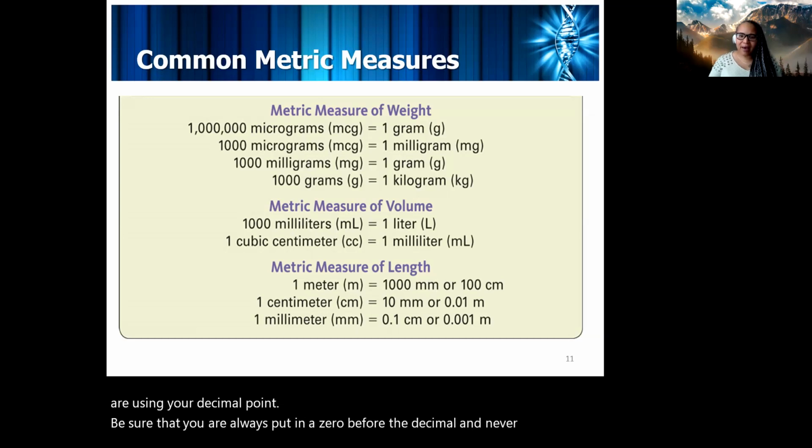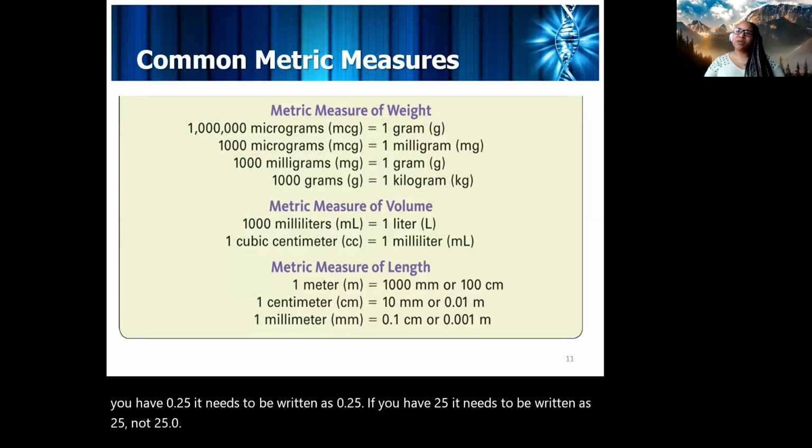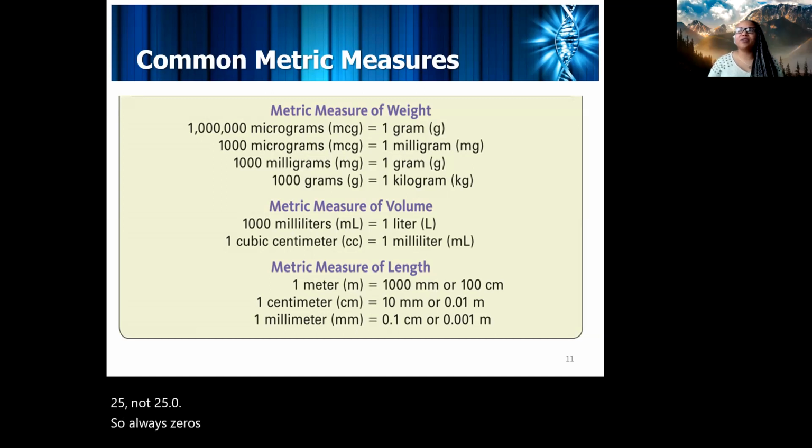So if you have 0.25, it needs to be written as 0.25. If you have 25, it needs to be written as 25, not 25.0. So always zeros before the decimal, never zeros after the decimal.